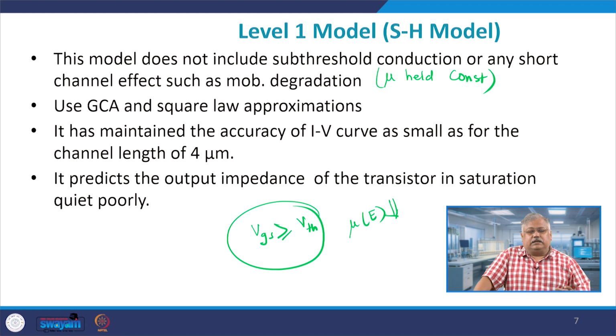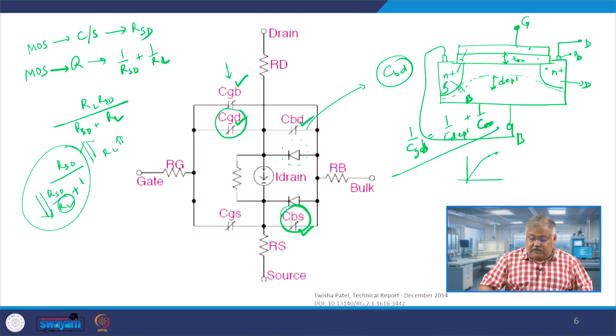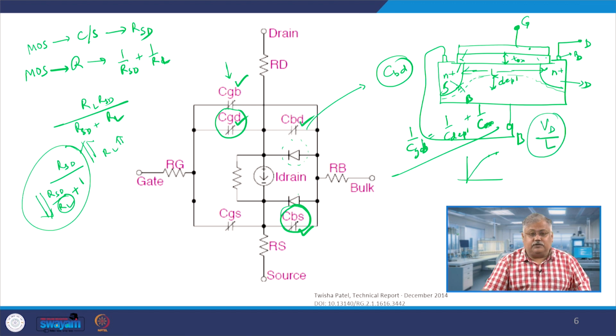So, if you look at the gradual channel approximation, remember when your device lengths are very large, then I can go back and show to you. If the device dimensions are very large, this one, if you apply a drain voltage, the effective electric field is Vd by L on this side. So, if your L is very large, E will be relatively small.